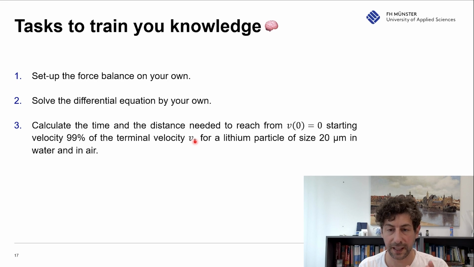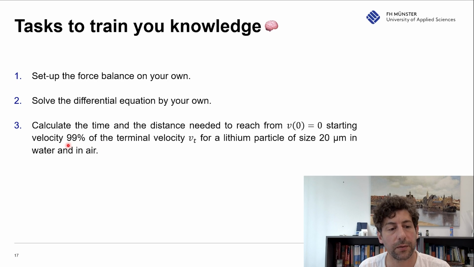So what is the time needed for a lithium particle of 20 micron until this particle reaches 99% of its terminal velocity, and what is the distance this particle travels, and calculate this in water and in air. It's not completely perfect, the task. Some things are not perfectly correct, but it's a nice task to try.